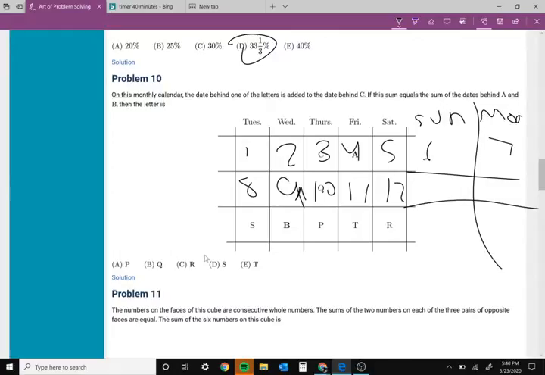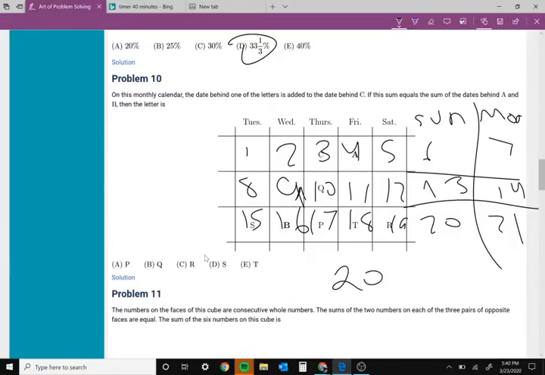The date behind one of the letters is added to the date behind C. All right, 12, 13, 14, 15, 16, 17, 18, 19, 20, 21, right? Okay. A plus B is 20. If this sum, so N, 3 plus N equals 17, which is P.